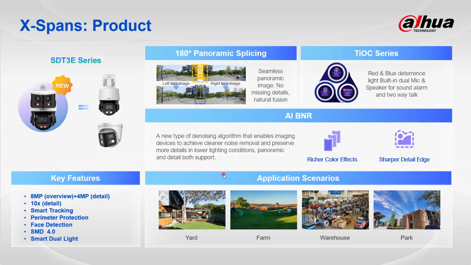The appropriate application scenarios for these products include areas such as the yards outside our houses. We have the farm areas, we have the warehouses, and the park environment can still sustain monitoring of those specific environments.